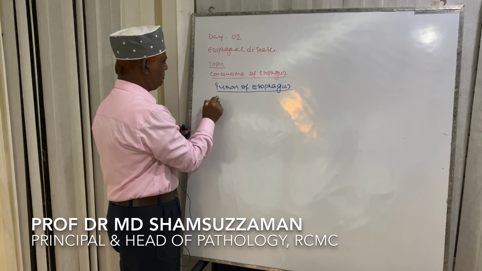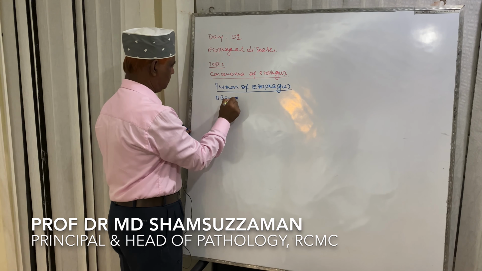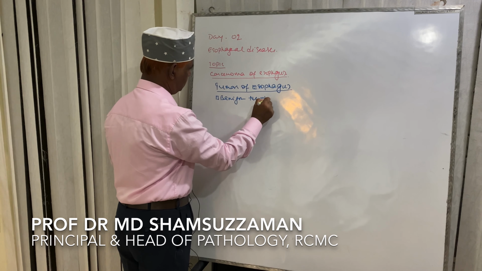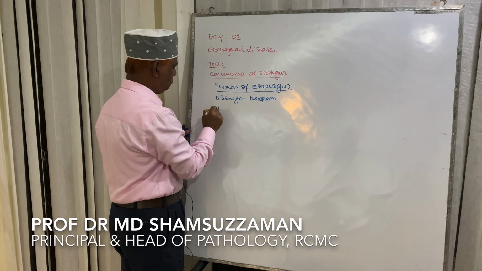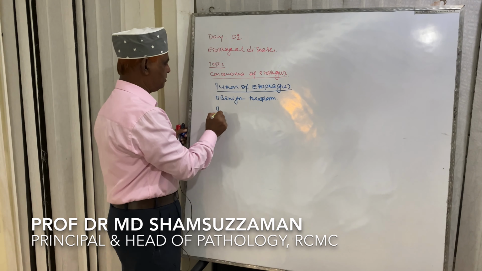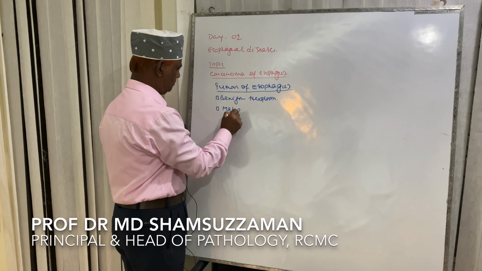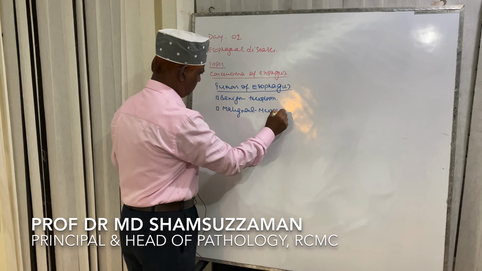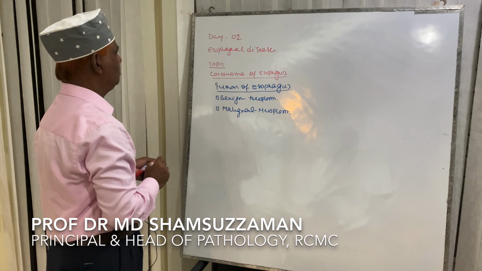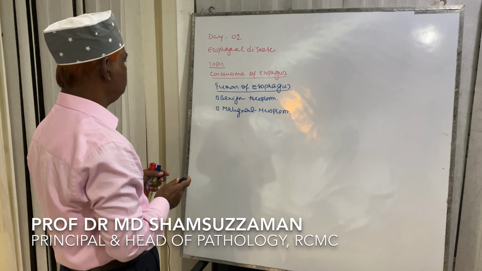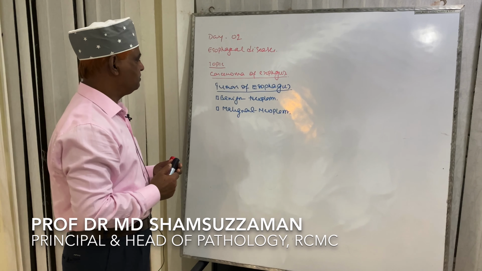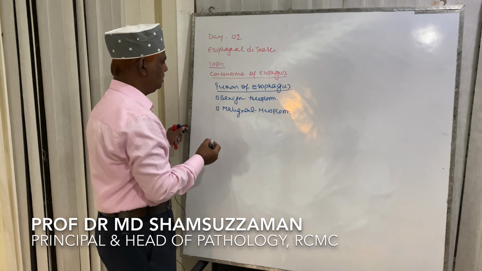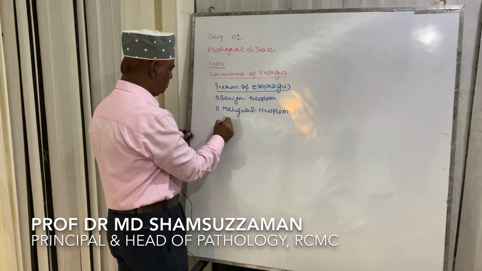The tumors may be benign tumor or benign neoplasm and malignant neoplasm or malignant tumor. First come to the different types of benign neoplasm that may occur in esophagus.